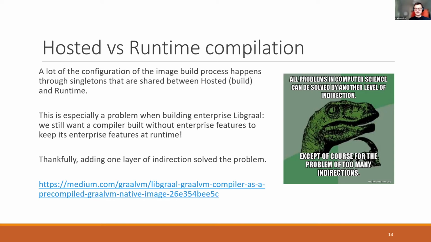And libgraal, for those that are not familiar, is essentially the precompiled native image of the Graal compiler. So this is what I was referring to earlier. It is essentially an extended form of bootstrapping where we compile the Graal VM compiler with native image that uses the Graal VM compiler to build it.